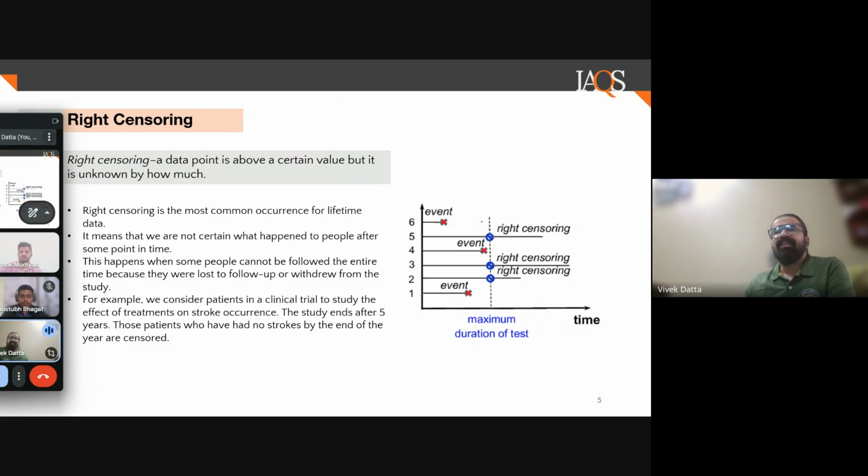And like I said, informative censoring creates bias. For example, if I see one person is leaving and now the average of the class has become higher because the person who was not so smart left, I should make the course even tougher. Or for example, I'll be like, oh my God, what if I lose more revenue?